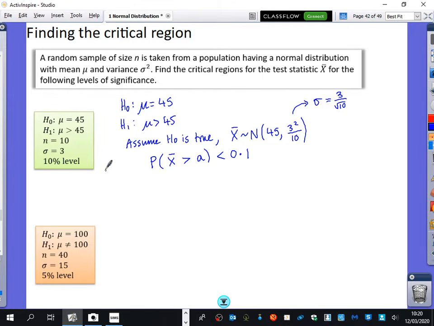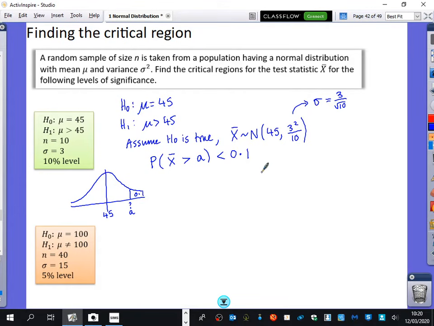So thinking about what that might look like on a diagram, if the mean in the middle is 45, and I want to know what value over here has a probability of 0.1. I'm trying to say, what is this value A? Around 46. So I'm going to use my calculator to come up with this.